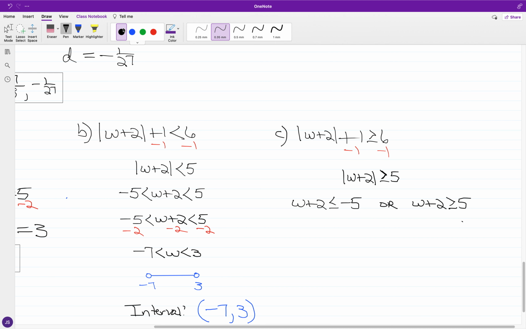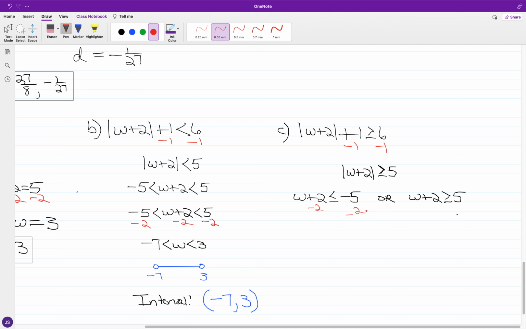And so for W plus 2, if we put these inequalities in terms of W, upon taking 2 away from both sides, W is less than or equal to negative 7, or W is greater than or equal to 3.